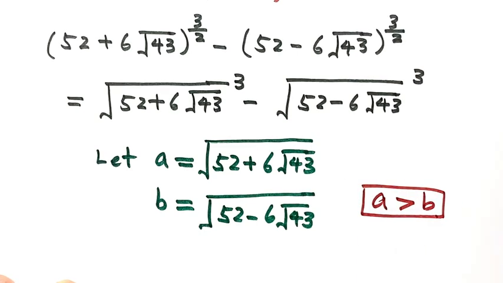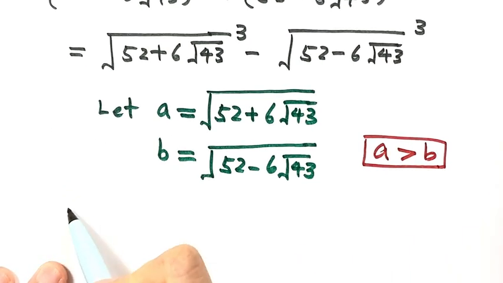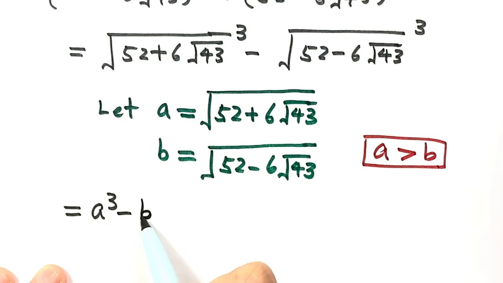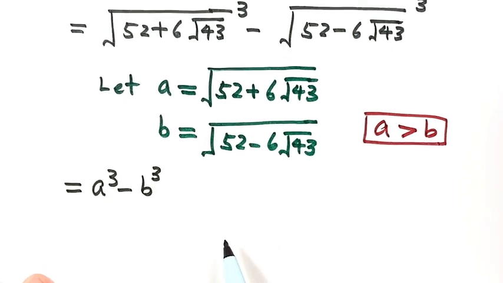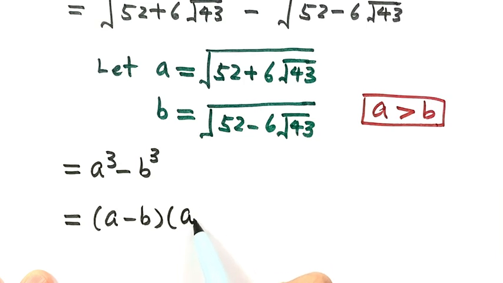So next, we're going to use a to replace this square root, and b to replace this square root. So let's continue this equal sign. Then here just a to the third minus b to the third. Then use a formula: this is a minus b, times a squared plus ab plus b squared.